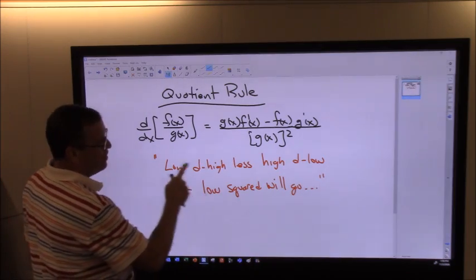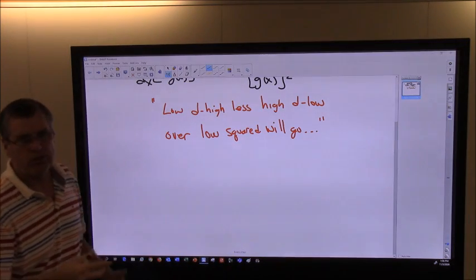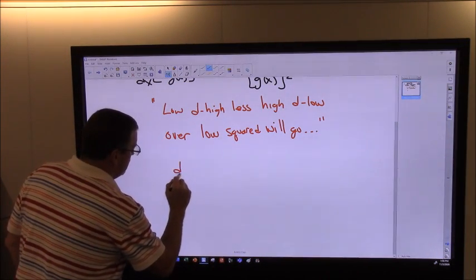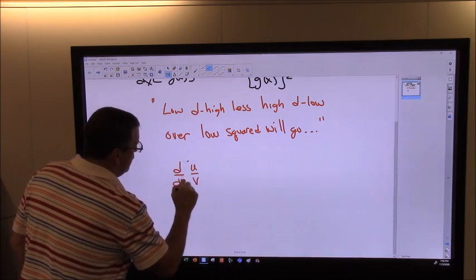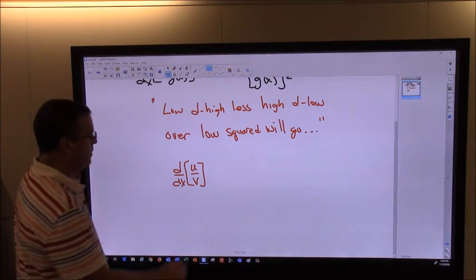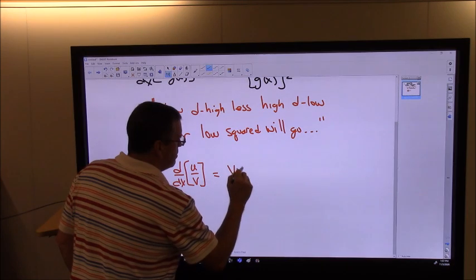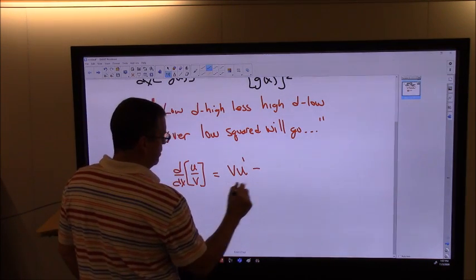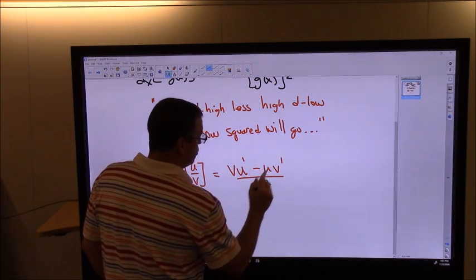So one of the things I showed you the other day is that in calculus we use the variables u and v quite a bit. So if I was writing this, the derivative of u divided by v, and this is what you would see in our formula page, it's in our book, it would be low d high, so the low part, derivative of the high, less high d low all over low squared will go.